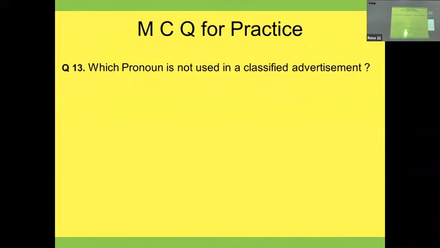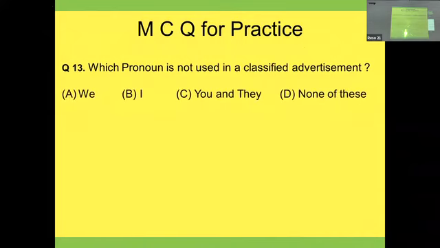Which pronoun is not used in a classified ad? Don't get carried away with public notice. Except public notice, apart from that. Yes. We don't use I, we don't use we, we don't use you and they. Anywhere in that, does any ad use them? You'll never find. Yes. It is none of these.